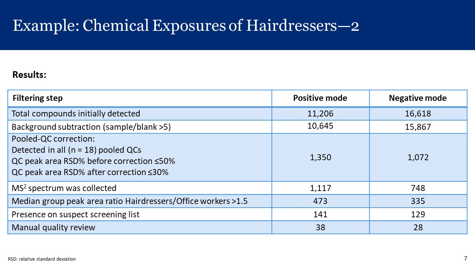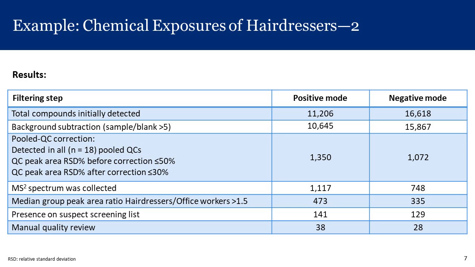All of these compounds were then compared to our suspect screening list, the list we had compiled based on the hair products used in these hair salons, which further narrowed down the number to 141 in positive mode and 129 in negative mode. And after manual quality review among these compounds, which, for example, accounted for peak quality, we ended up with 38 compounds that we had very high confidence in for detection in positive mode and 28 in negative mode.